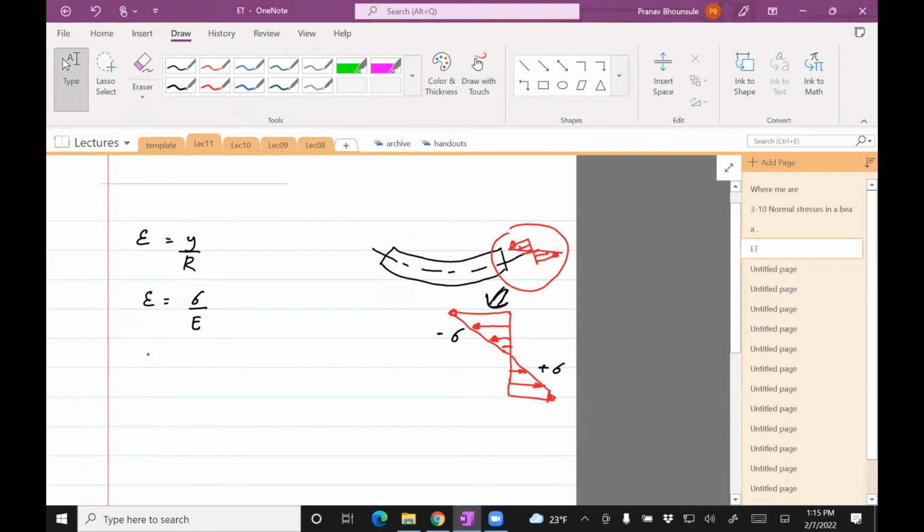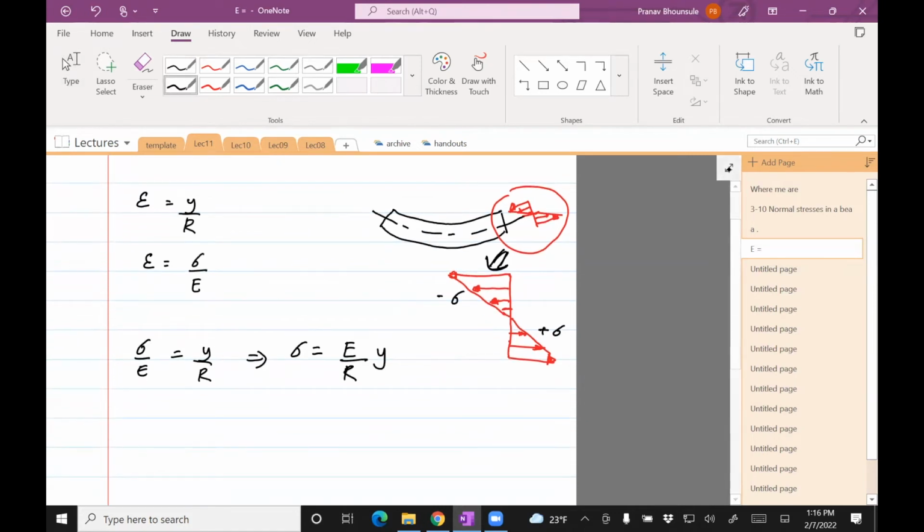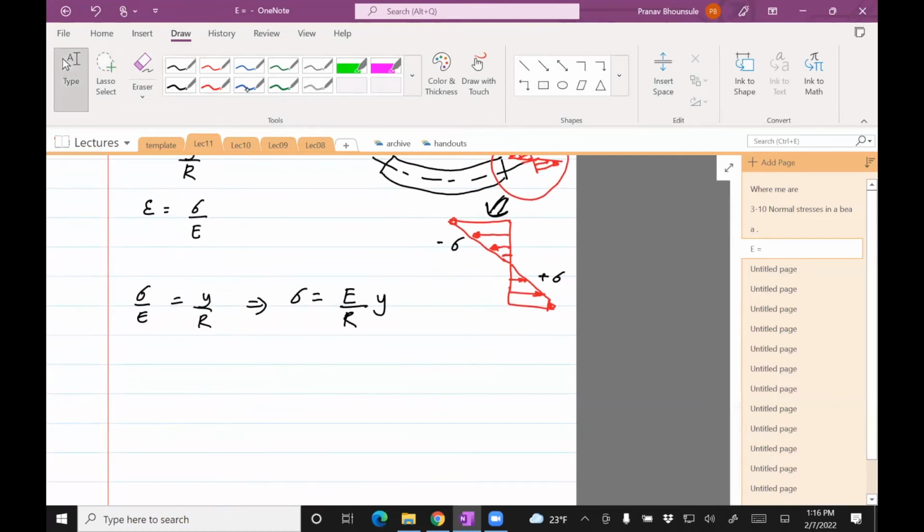Okay, so now we can equate the two. So we have sigma divided by E equals y divided by R. And so we can write a formula for sigma. It is E times y divided by R. Okay, so this formula is telling us something which I think is very important, which is that stress is proportional to y.